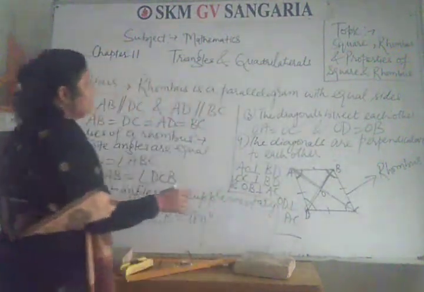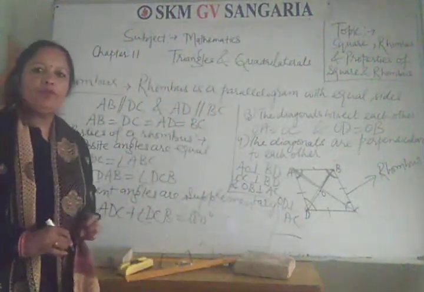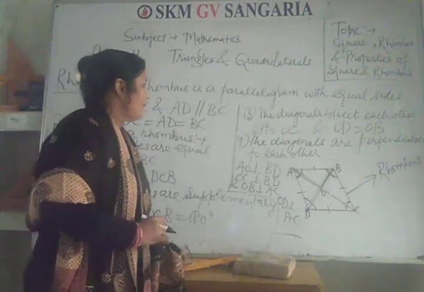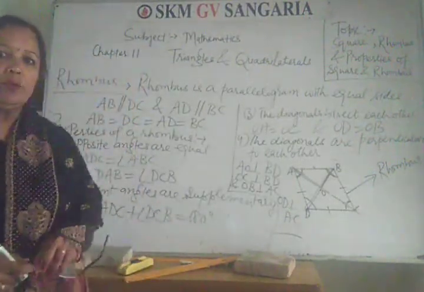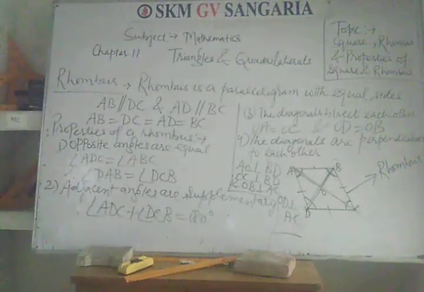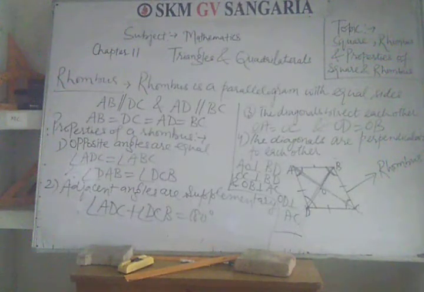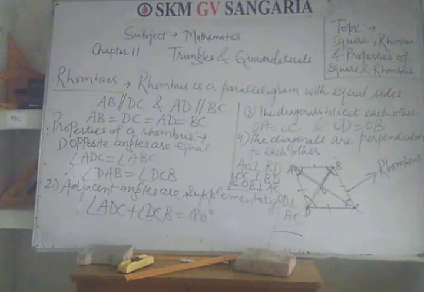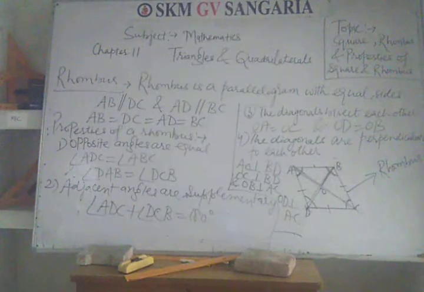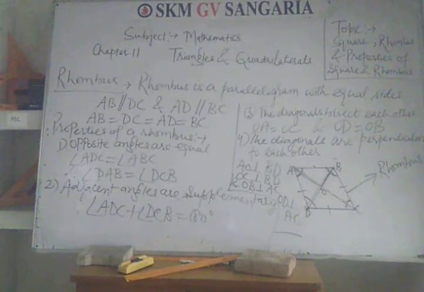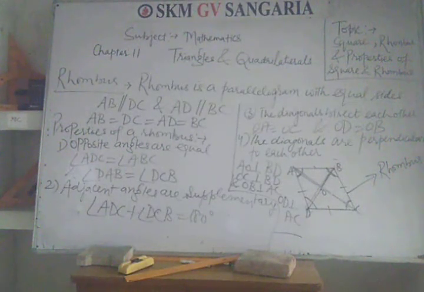So all these are properties of a rhombus, and you will write in your notebook very carefully and draw the shapes with the help of a pencil and scale, and revise all these. You will read carefully.